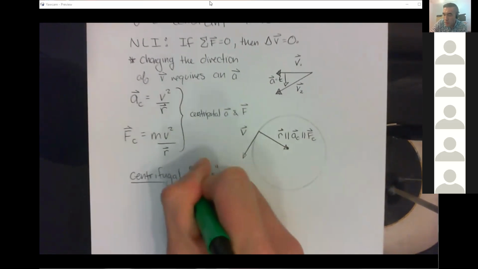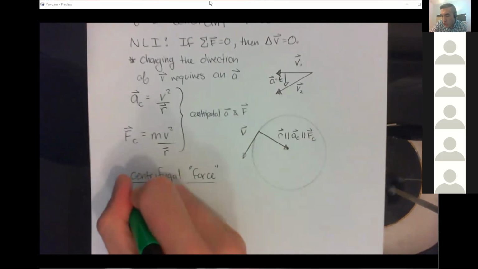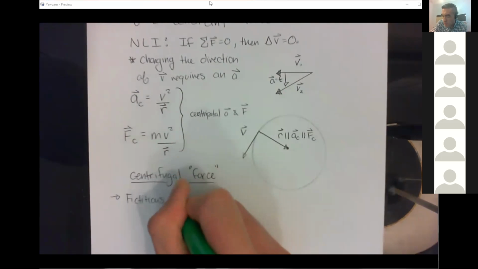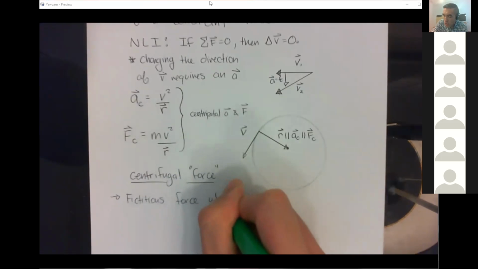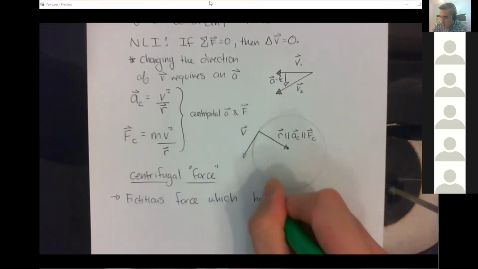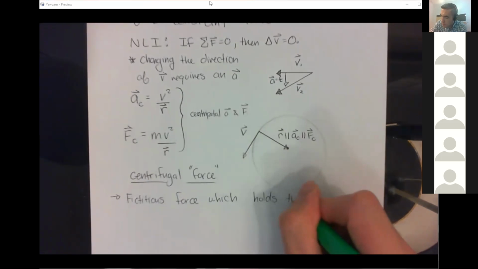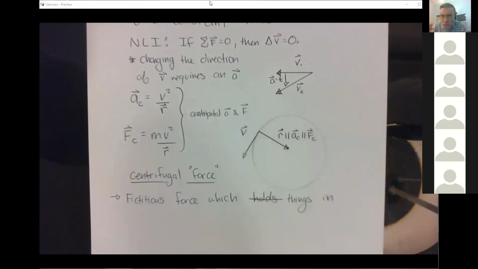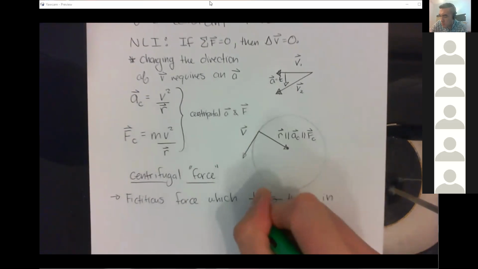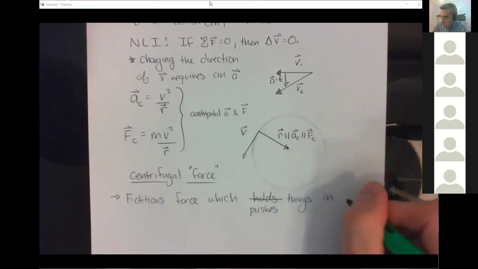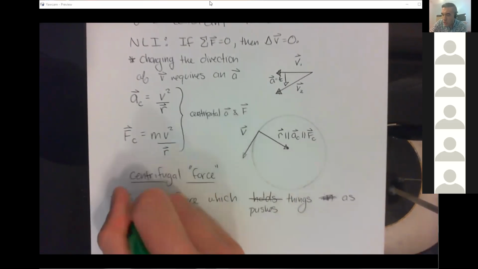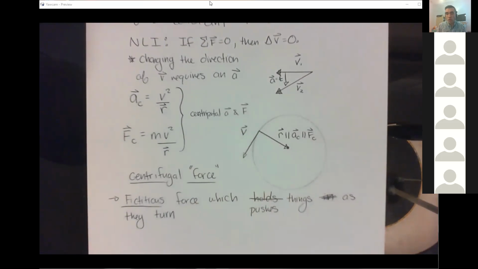It's not real, but it is the fictitious force which holds things in, which, I'm going to put it this way, which pushes things as they turn. It's not a real force, which is really big. You are not actually having a force applied on you.